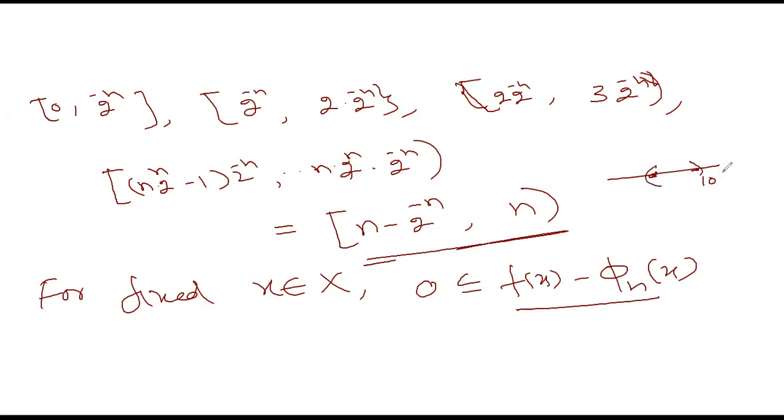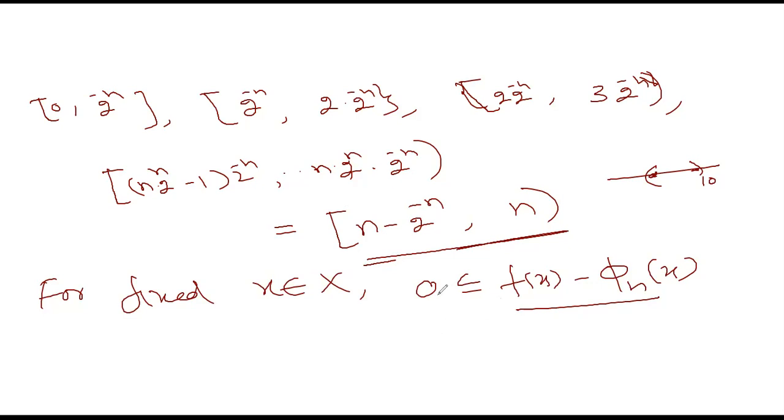But if x is equal to say 11 or 12, I have to choose a different n. So for choosing n so large, this x must belong to one of the intervals, maybe the last interval or any interval in between.